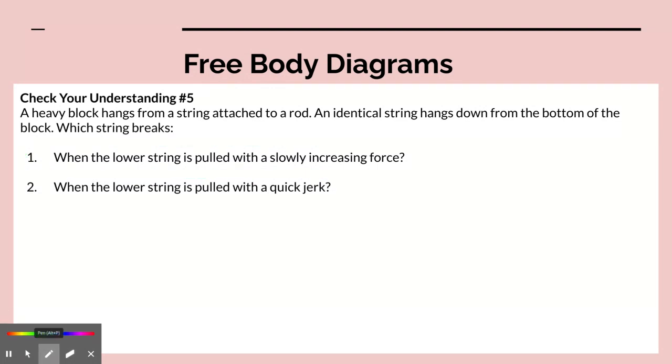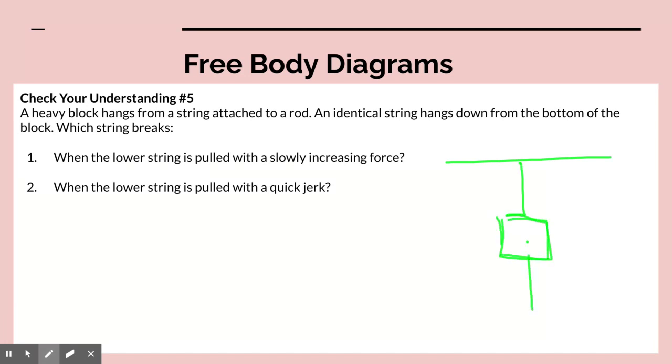So the question is asking, you've got a block here, and then you've got this identical string. So when you pull on the lower string slowly, which string breaks? Maybe I'll draw the higher one blue, and then the lower one will be green. So which one breaks in this first scenario?